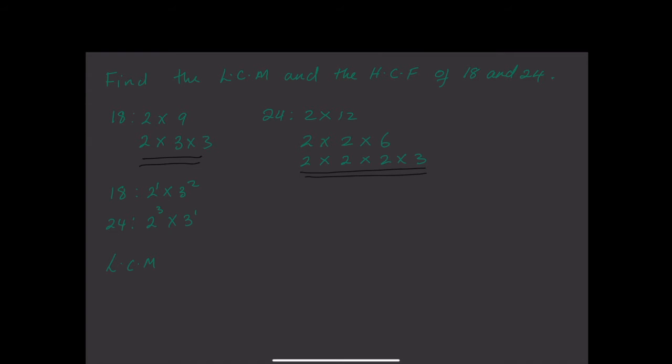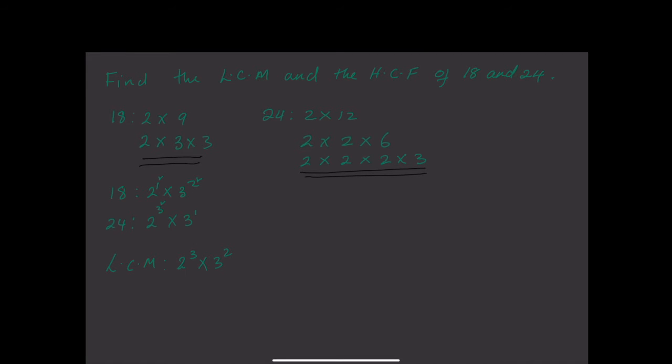So out of these two, we can clearly see that 2 to the power of 3 has the highest power. So we write back 2 to the power of 3. Then we compare the powers for the base 3. And of course, 3 to the power of 2 has the highest power. So we write down times 3 to the power of 2.